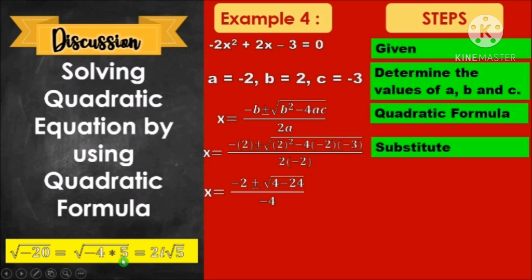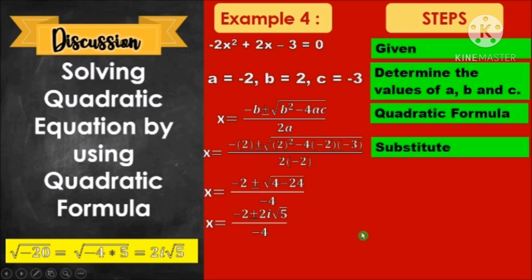Then, simplify natin bawat isa. Square root of negative or negative term, that is I. Square root of 4, that is 2. Square root of 5, wala na siya sa listahan because 5 is a prime number, kaya mananatili na siya as a square root of 5. Therefore, square root of negative 20 is equal to 2i square root of 5.